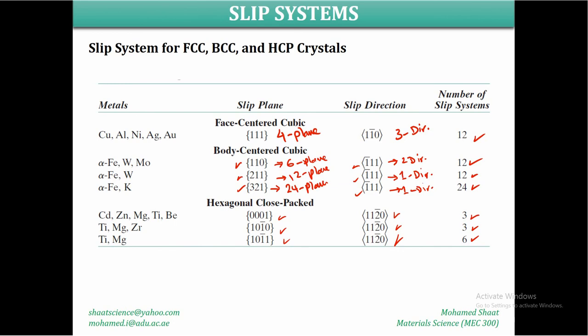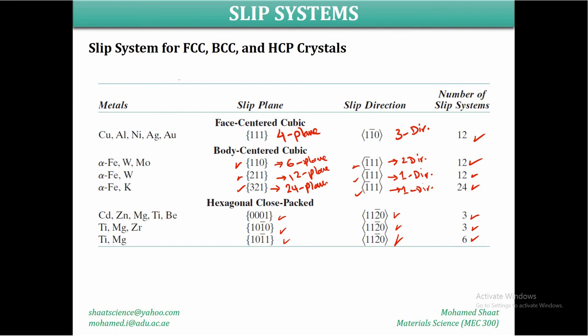Again, for a material with a hexagonal crystal structure, attaining plastic deformation because of the movement of dislocations is not that easy. Why? Because the possibilities that this material can offer as slip systems are limited. We have only 3 up to 6 for hexagonal crystal structures.